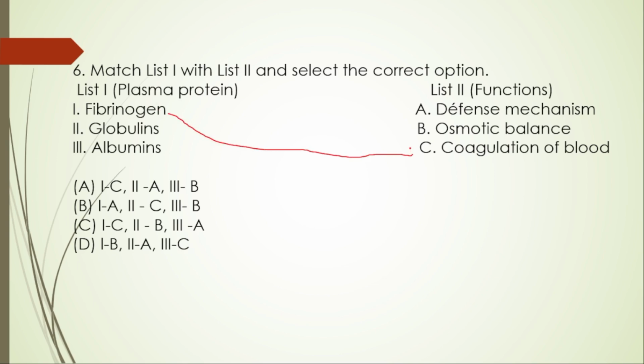So first one goes with C. Globulin, it's for defense mechanism, so second one is A. And then albumin, obviously it will be B, osmotic balance. So 1 is C, 2 is A, and 3 is B. So the right option is option A itself.